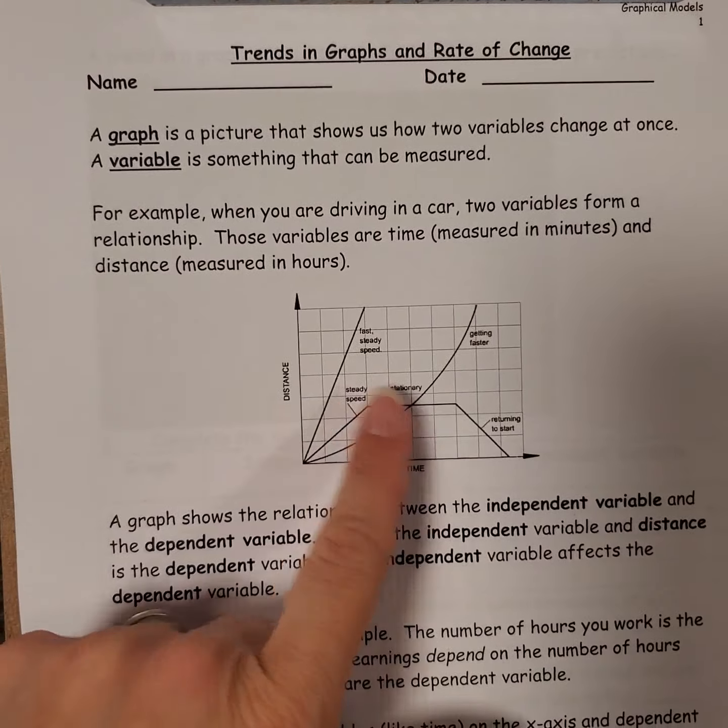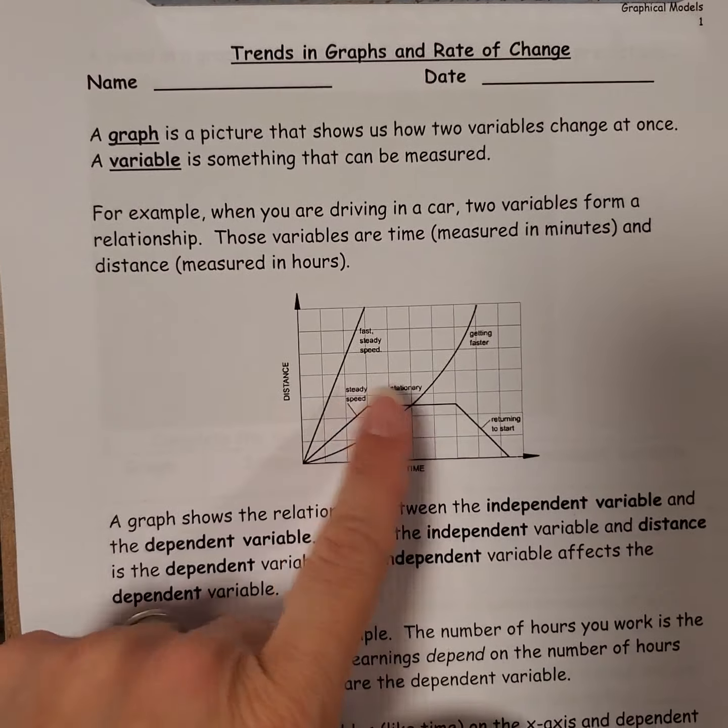And so you can see we have a few different relationships here. Okay, we have a constant rate of change, that is increasing. This rate of change would also be increasing, but it's non-constant because there's a curve to the line there. Here we have the distance increasing at a constant rate, then the car stops moving.